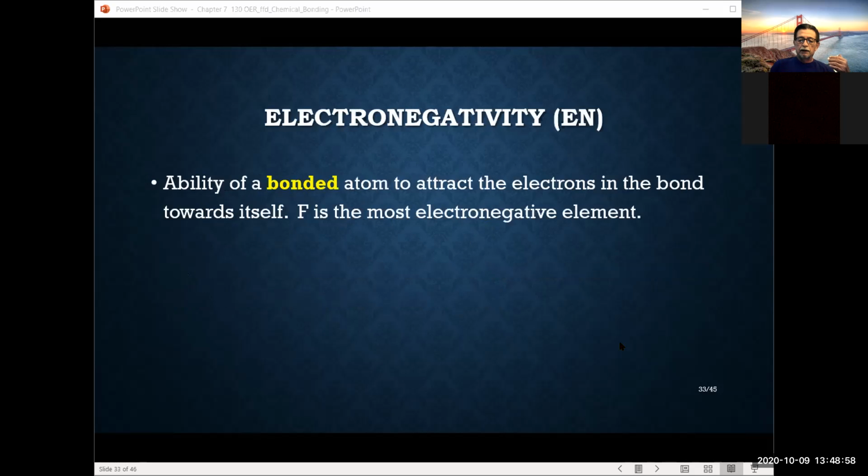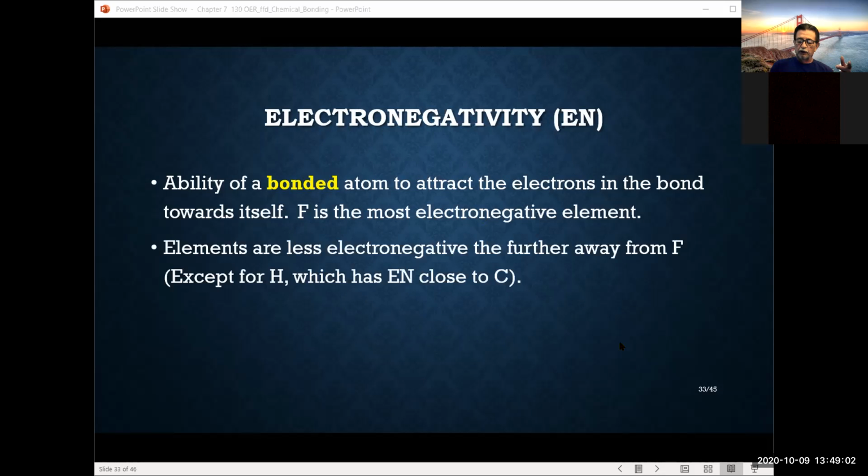Now, we talked about electronegativity a while back, and that is the affinity of an atom to attract electrons onto itself when it's bonded with something else. And fluorine is the most electronegative. So that's our benchmark to determine who's more negative when we want to compare a different combination.